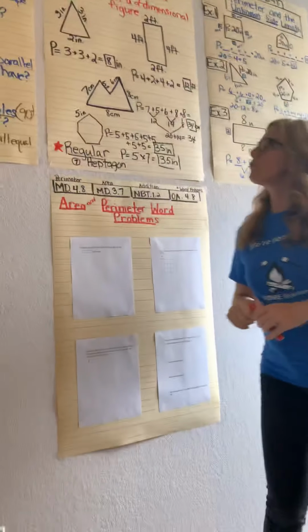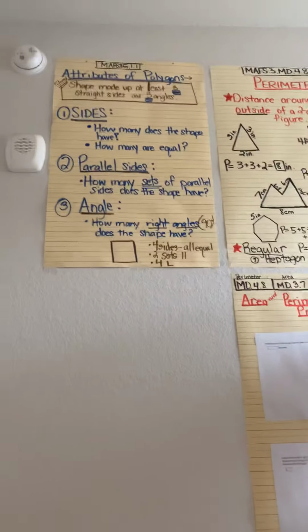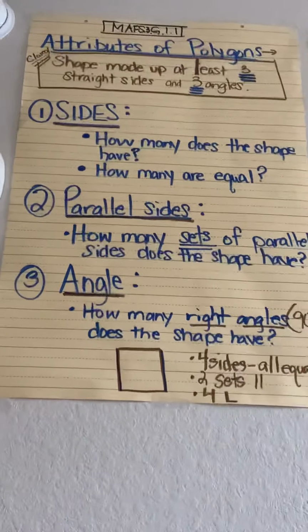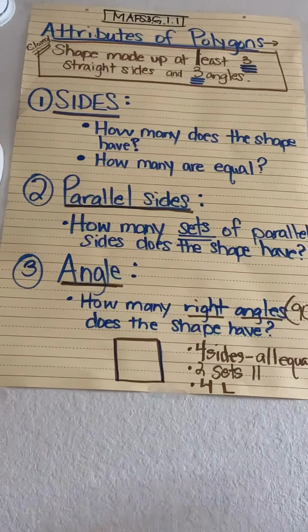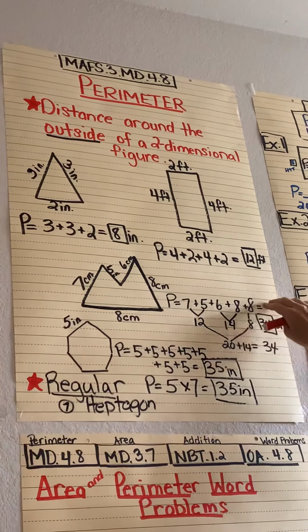Okay, off we go. Let's review real quick where we have been with our perimeter. We started Module 7 talking about our shapes, and we came up with all the different attributes of our shape. One of our attributes was measuring the distance around the outside of the shape. That was our perimeter.